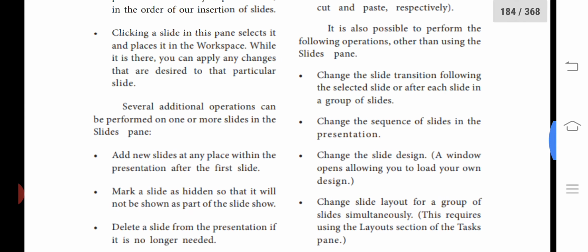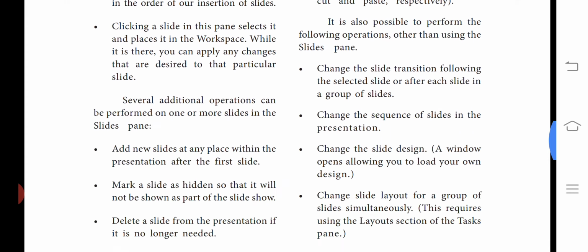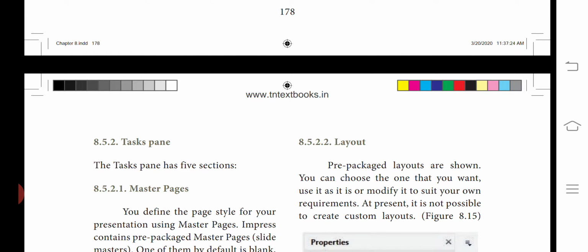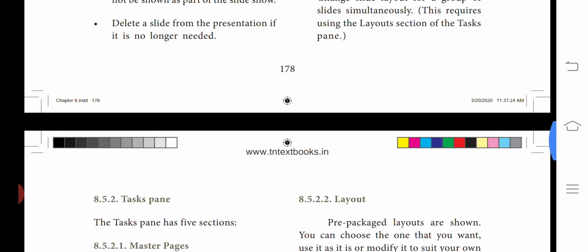Next is the workspace. In the workspace we are able to write things, or write the information in the slides. We can insert pictures in the slides, we can change the font sizes.